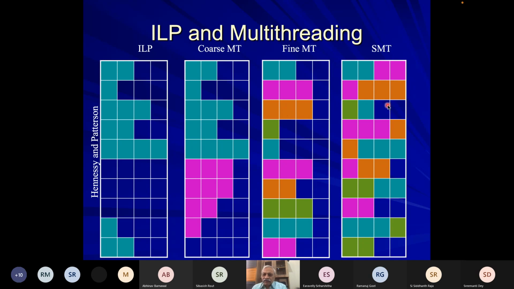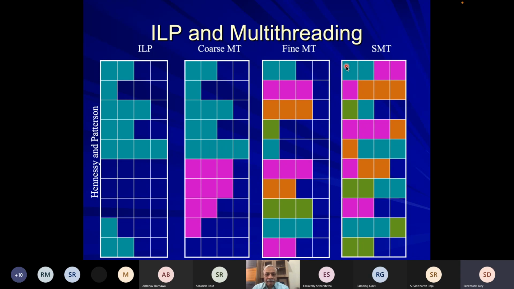The final diagram is showing simultaneous multi-threading. That means that in every cycle, you can pick up instructions from multiple threads. Like in the first cycle, you have 2 instructions from the green thread and 2 from the pink thread. In the next cycle, 1 from pink, 3 from green, and so on. So this gives you maximum ability to keep your execution units occupied and therefore get higher performance.